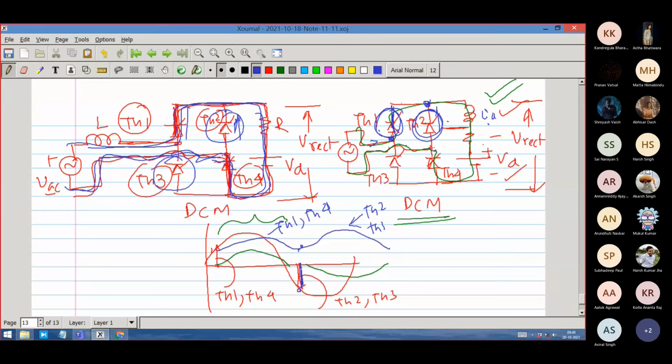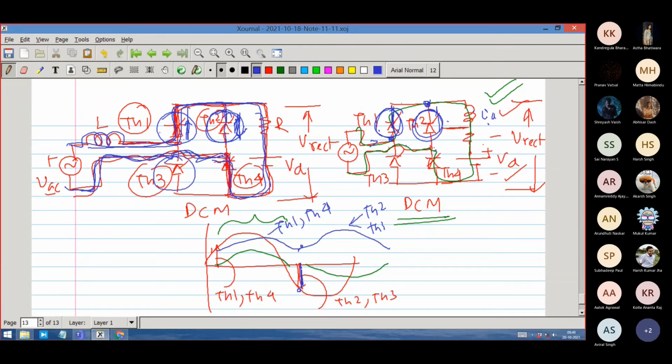So TH2 will turn on. There will be a zone when both TH1 and TH2 are on. And then slowly current will change from this thyristor to this thyristor. It will not happen immediately. There is a duration during which this input supply system is shorted through the inductor.